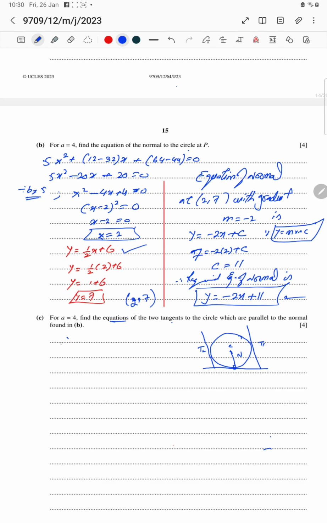We know that parallel lines have the same gradient.